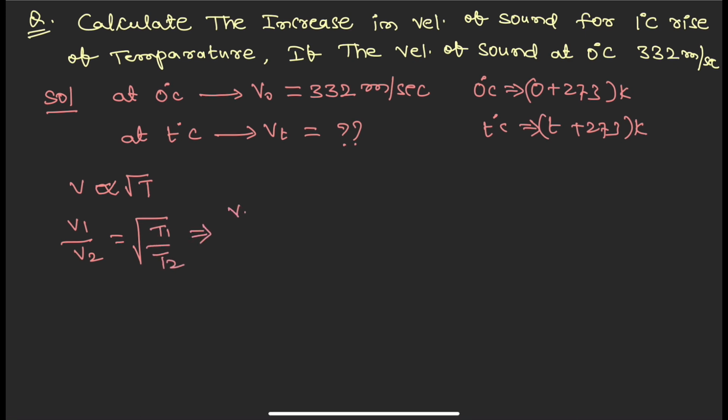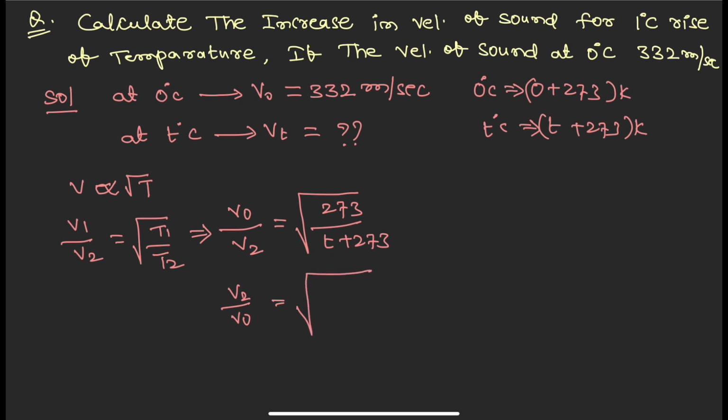From this, V1 is V naught and V2 is Vt. Square root of T1 is 273 by T plus 273. So V2 by V naught is equal to under root of T plus 273 by 273. V2 is equal to V naught times 1 plus T by 273 to the power of 1 by 2.